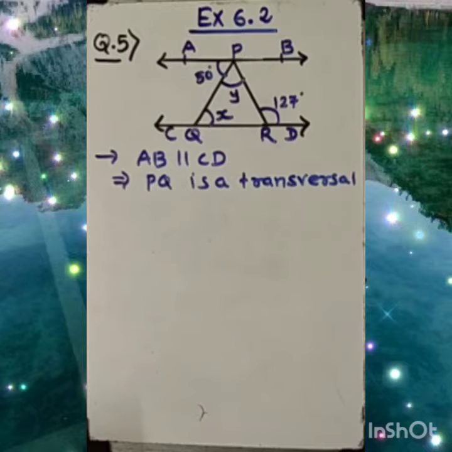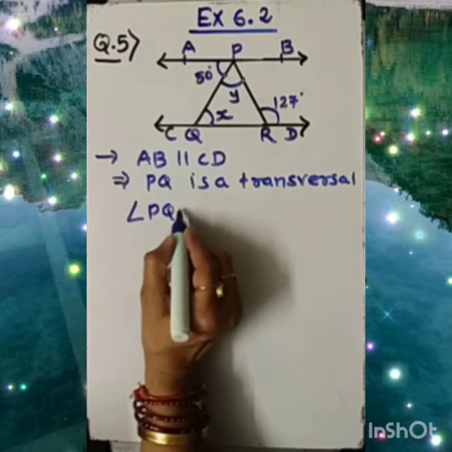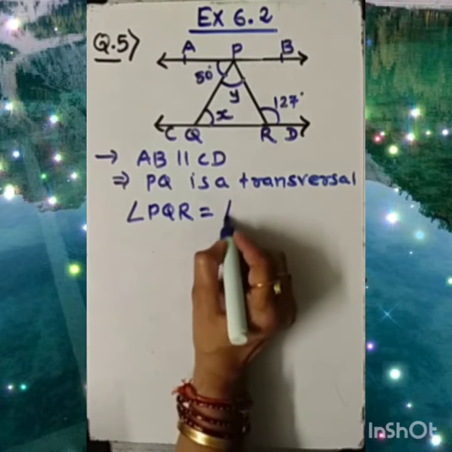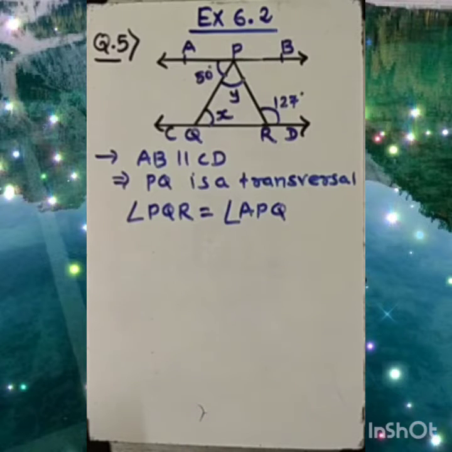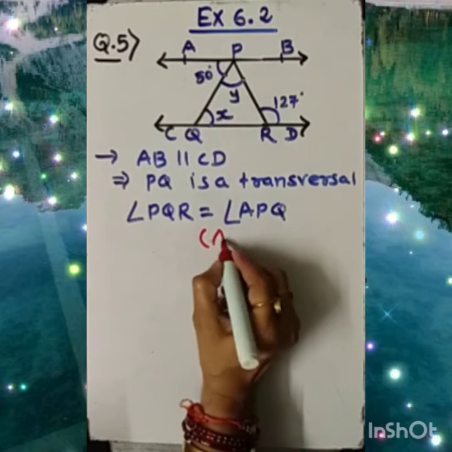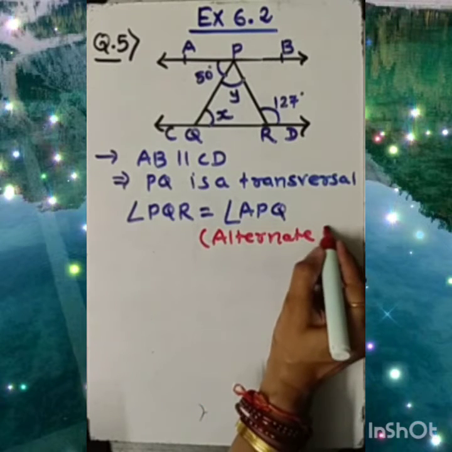If it is a transversal line, then can I say through this result angle PQR is equal to angle APQ. Which type of angle are they? PQR and APQ are alternate interior angles.